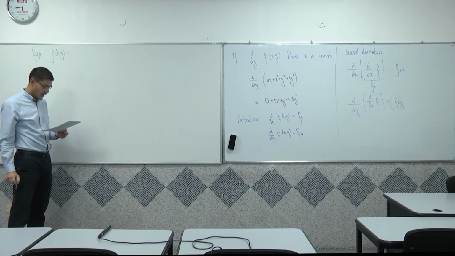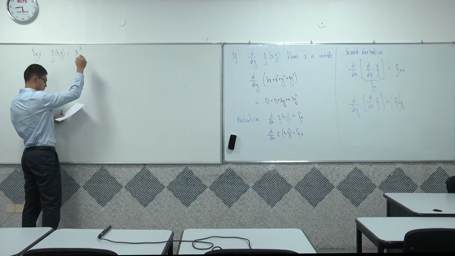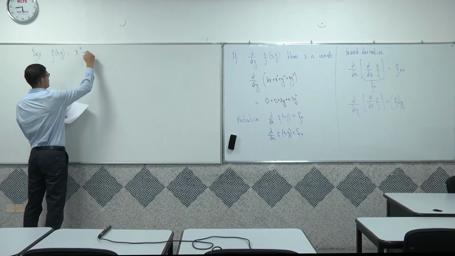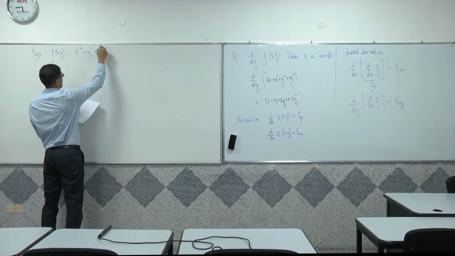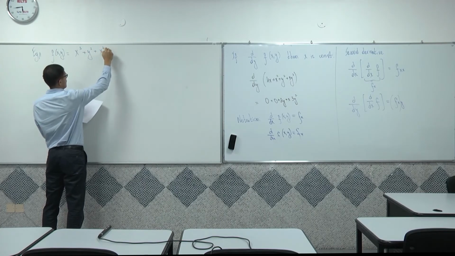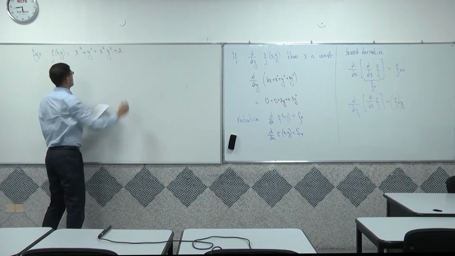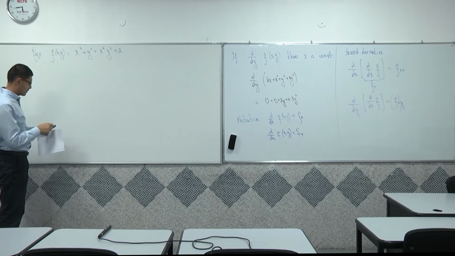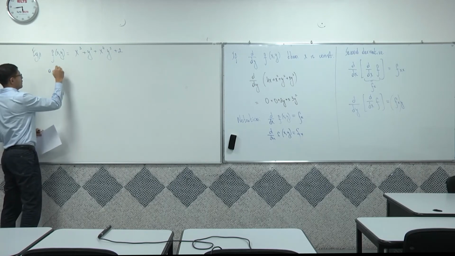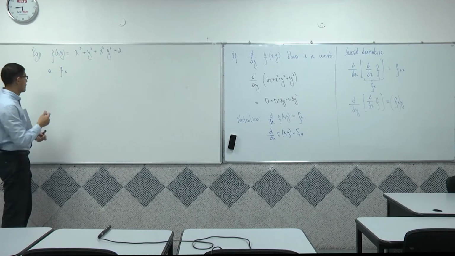Let's say we have a function x cubed plus y squared plus x to the fourth times y to the 5. Let's calculate first f x. What does that mean?